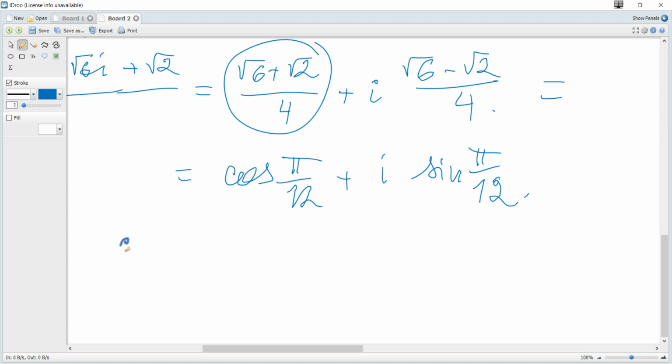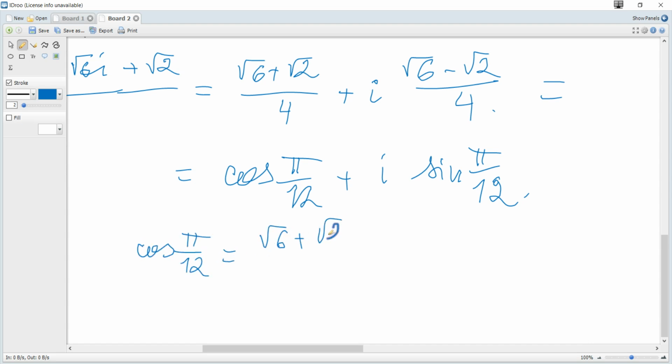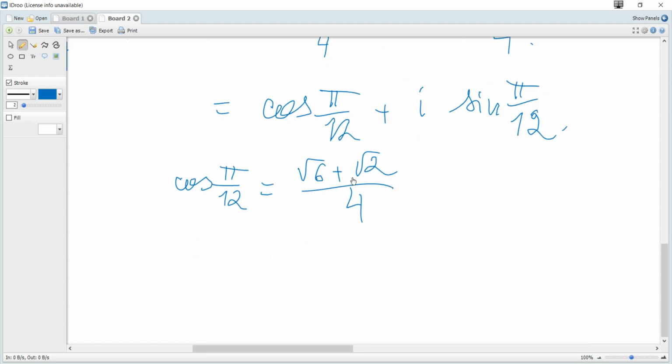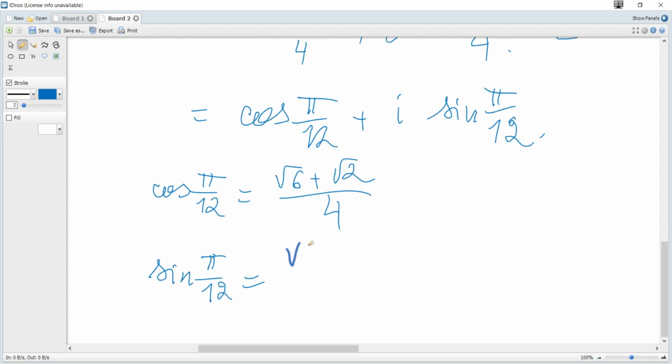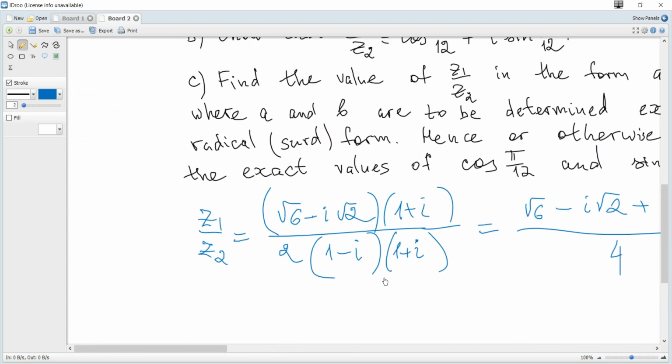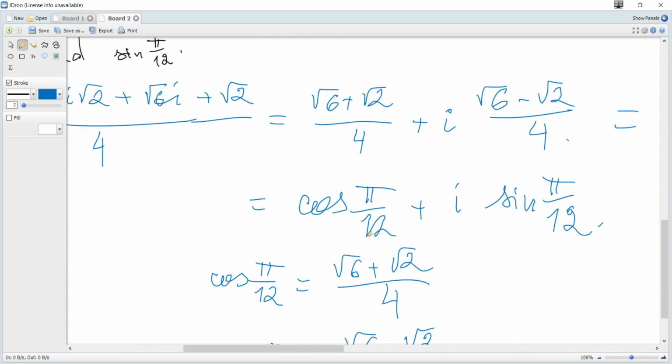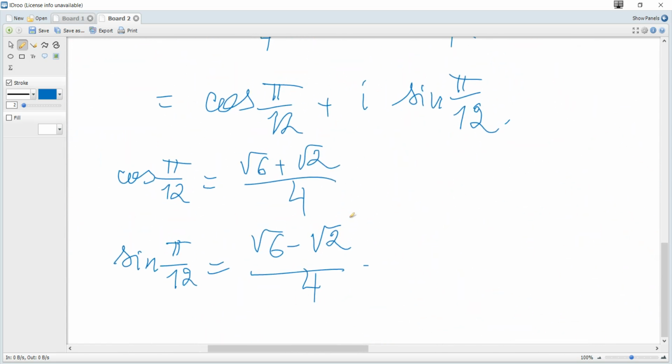So we can conclude that cosine of pi over 12 is, we should keep the exact form because the exact form is required here, root 6 plus root 2 over 4, and sine pi over 12 is root 6 minus root 2 over 4. And that's all for this question.